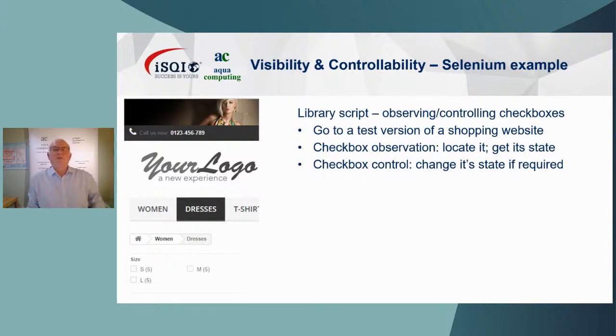So we're going to run a library script, or create a library script, which will firstly observe a checkbox. It will sort of find it and actually look at its current state. And in the second version of the script, would actually start controlling it. And when you think about how we test, with test cases, specify preconditions, inputs to trigger a test, and expected results and post conditions.